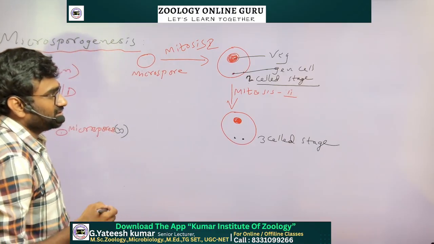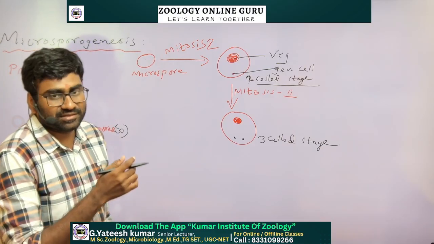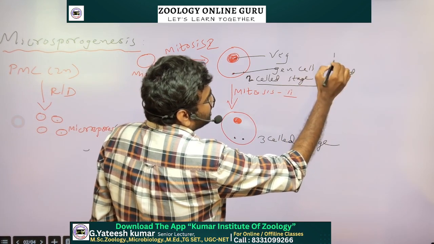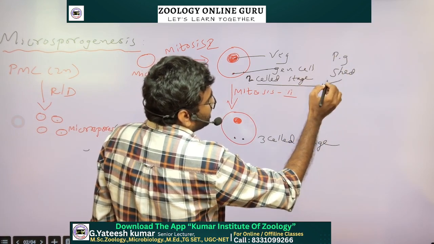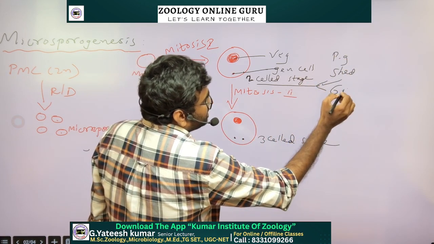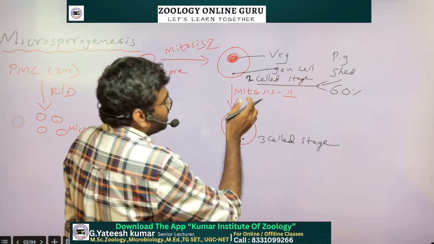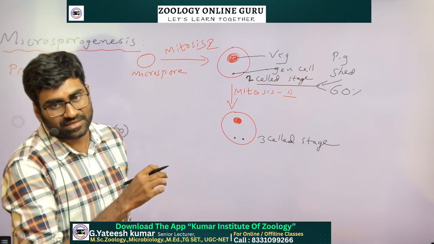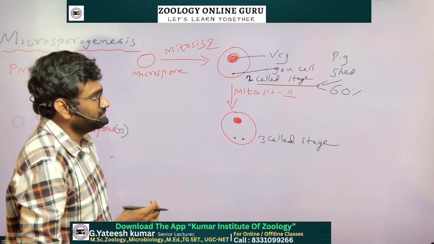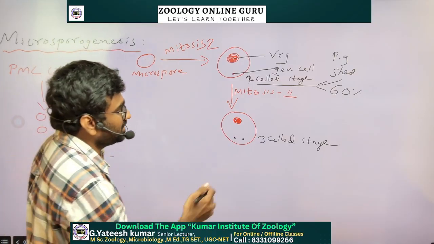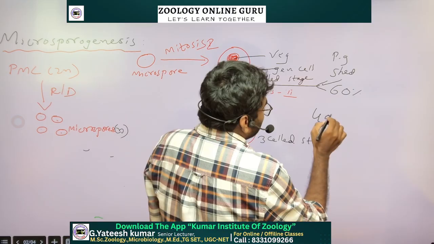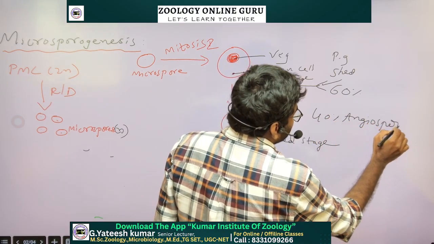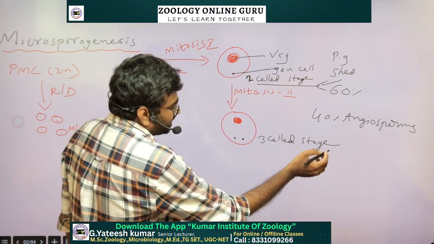In most flowering plants, the pollen grains are shed at this two-celled stage. That is, in 60% of flowering plants, these pollen grains directly land on the stigma and then initiate pollination and then fertilization. And the remaining 40% of flowering plants, that is angiosperms, shed at the three-celled stage.